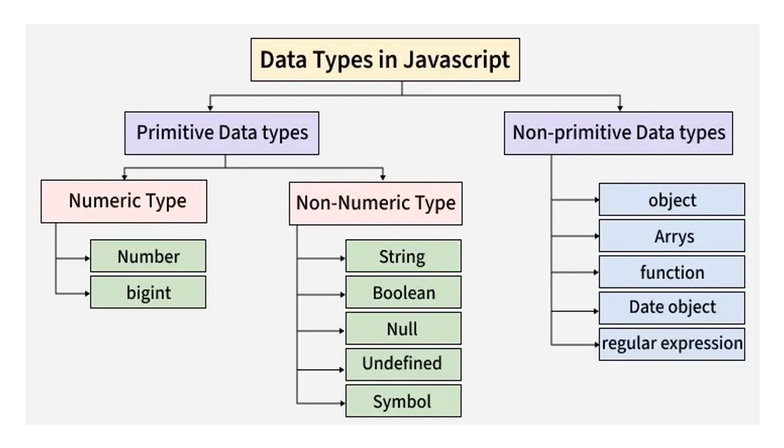Numeric types contain number and BigInt. Non-numeric types contain string, boolean, null, undefined, symbol. Similarly, non-primitive data types are object, array, function, date object, regular expressions.